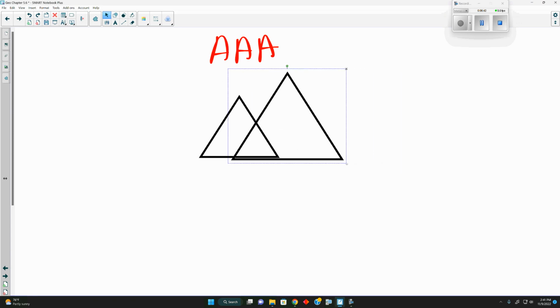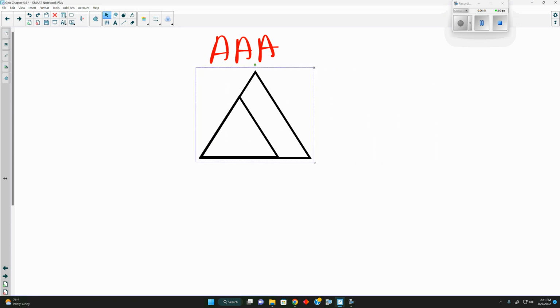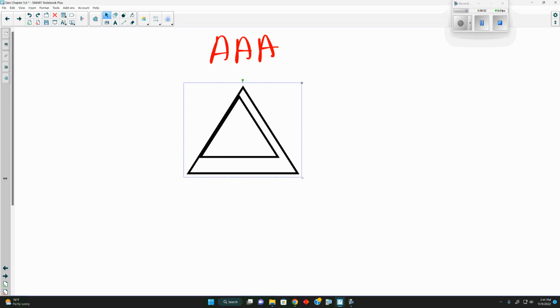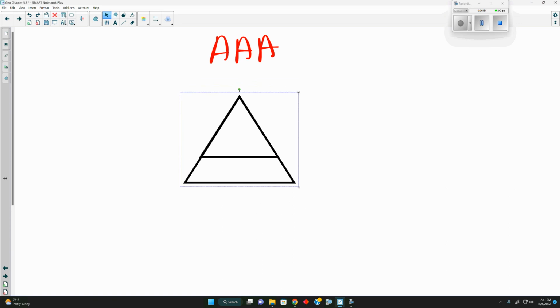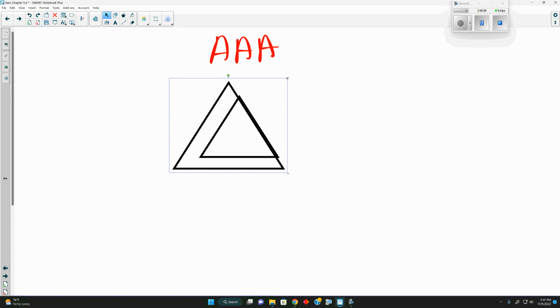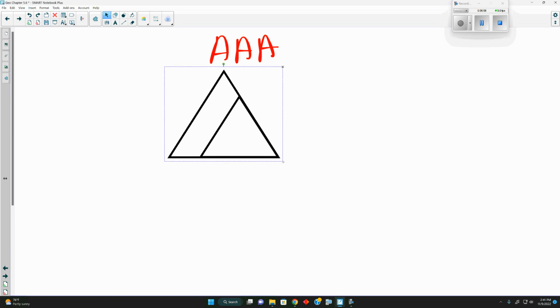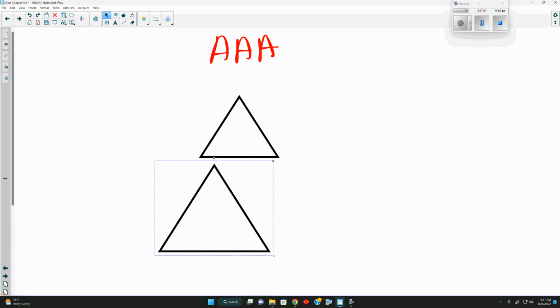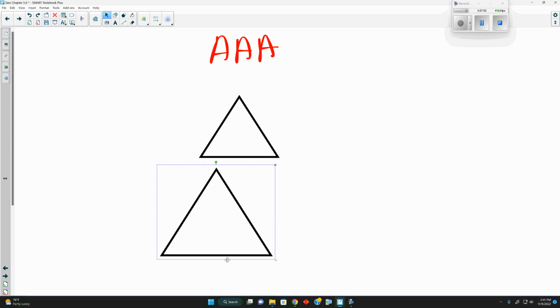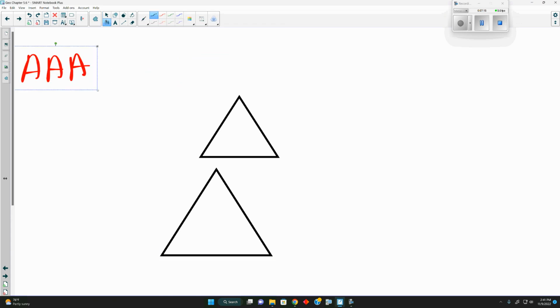Are the angles different here? No, so that one's the same. How about there? That's the same. Same. So these here, the angles are still congruent. All three, yes? Are the two triangles still the same? No. So does angle, angle, angle work? No. So angle, angle, angle is not a congruency shortcut.